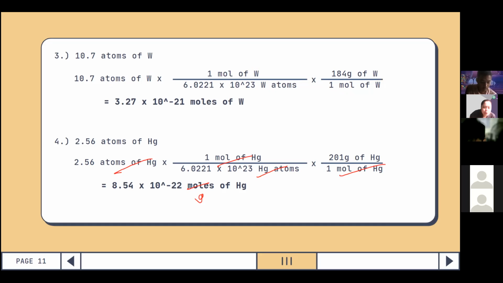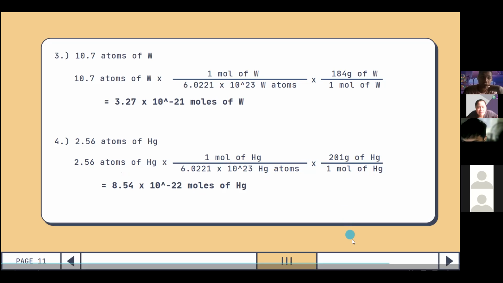This is 201. Rounded off to 201. So times 201 divided by 6.0221 times 10 raised to the power of 23 is 8.54 times 10 raised to the power of negative 22. Okay, correct? You just have to correct also your unit.